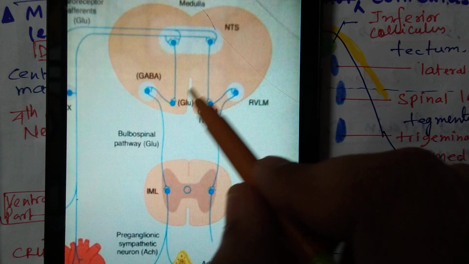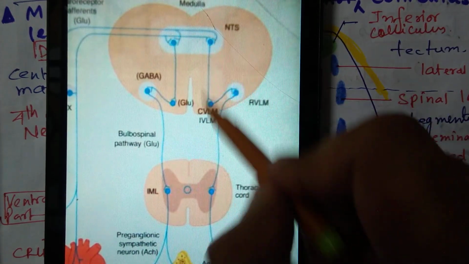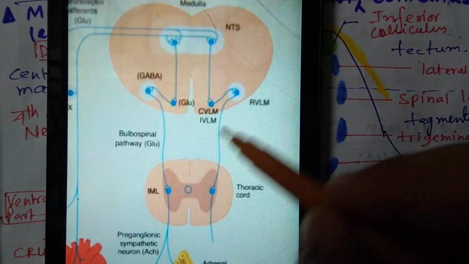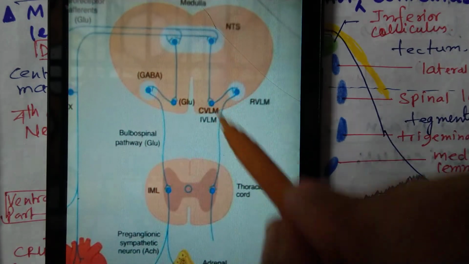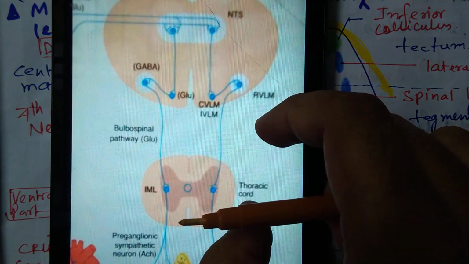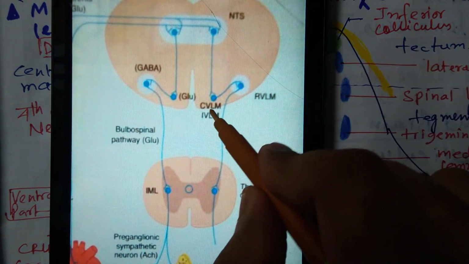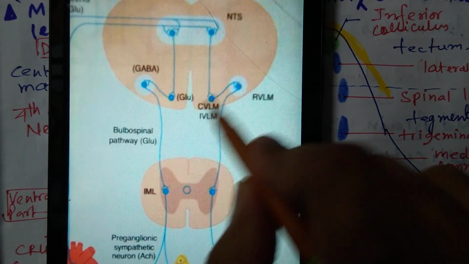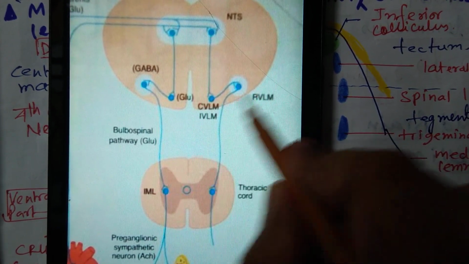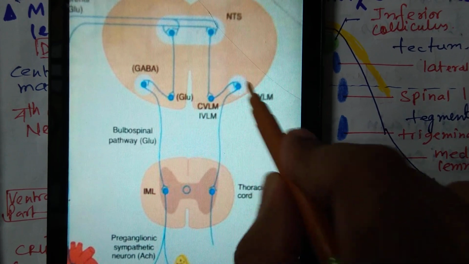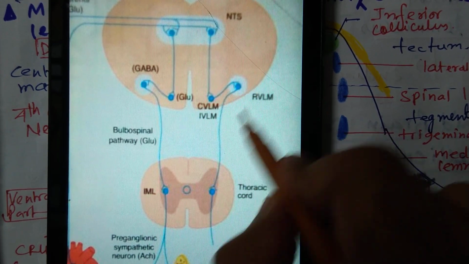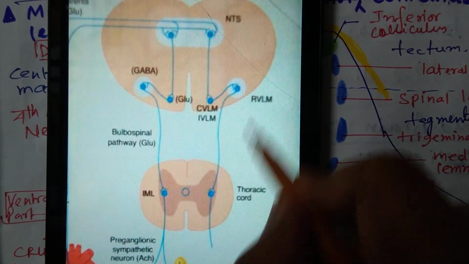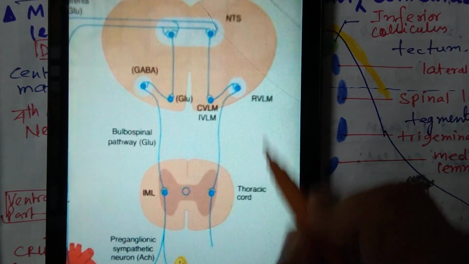How? Look here. Neurons arising from the CVLM, or caudal ventrolateral medulla, relay at the level of the rostral ventrolateral medulla, RVLM: R for rostral, V for ventro, L for lateral, M for medulla.